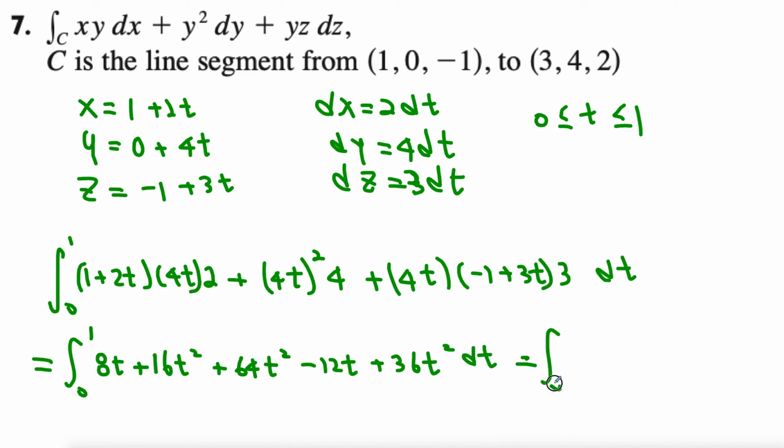When you simplify this a bit further in terms of t squared, that's 100, so we get 116t squared. That's what we end up getting for the first one. The second one is minus 4t dt.